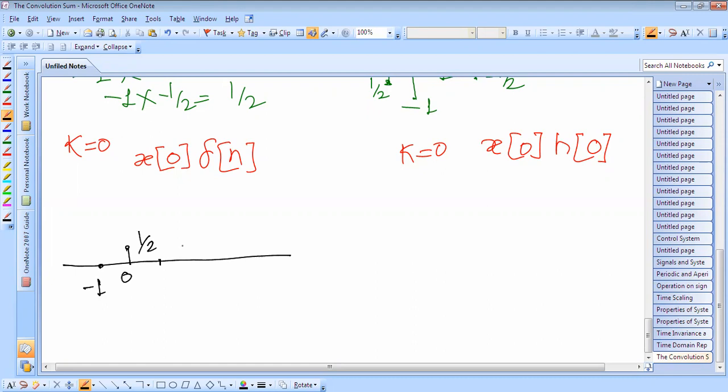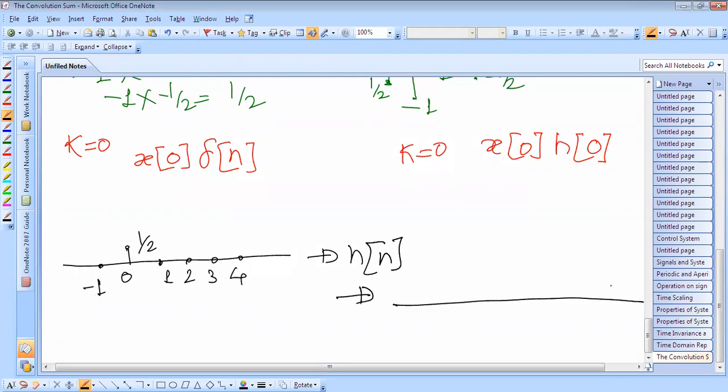At 1, whereas the rest we have to consider as 0, because we are just decomposing all the input signals. So it is 1, 2, 3, 4, and this is h of n.